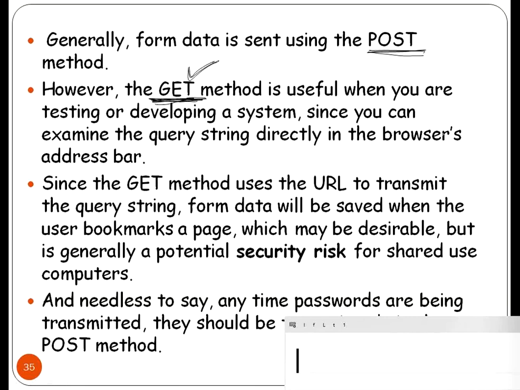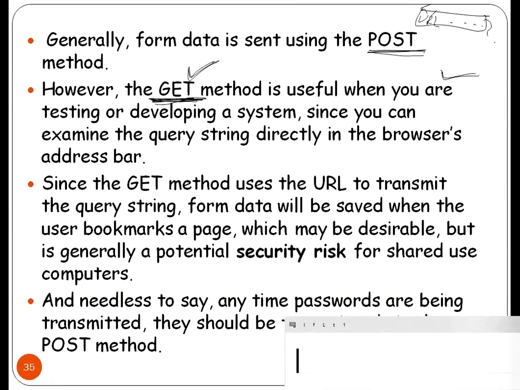Whatever data I am sending is visible in the URL, so there is no need to go separately and check what details I am sending. When you click on the submit button, the data will be visible in the URL itself. So when you are developing an application or testing, the get method is best. In other cases, you should not use the get method.